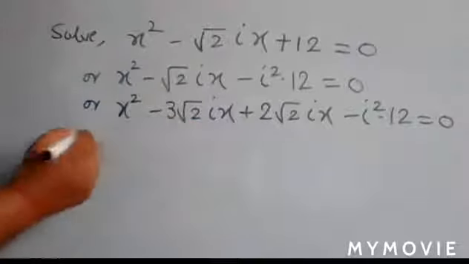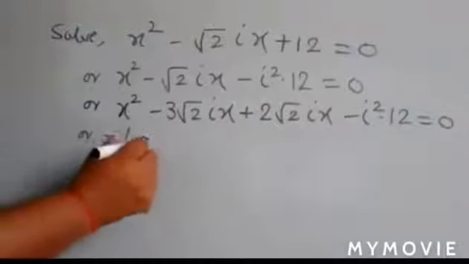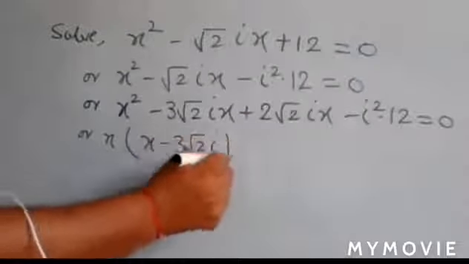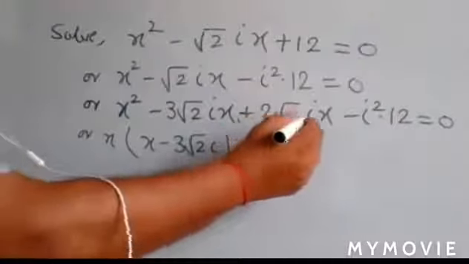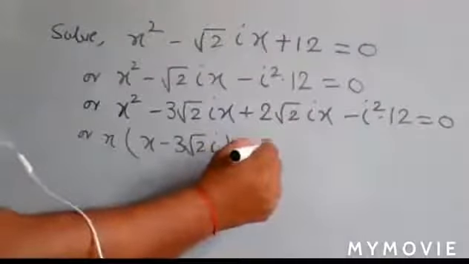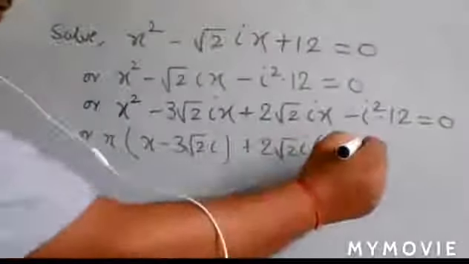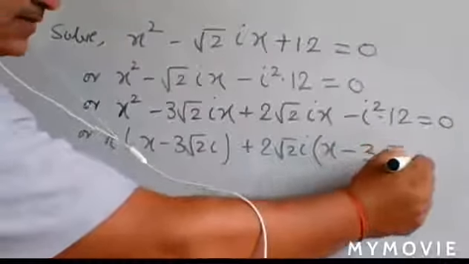Taking x common, you have x minus 3 root 2i. In the same way, here you can take common 2 root 2i. So plus 2 root 2i is common, and here you have x minus, in place of 12, 3 root 2i, that is equal to 0.